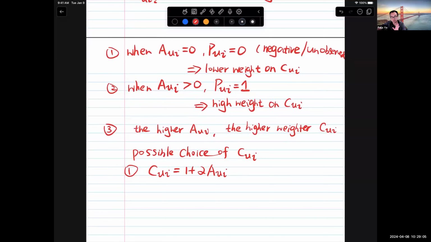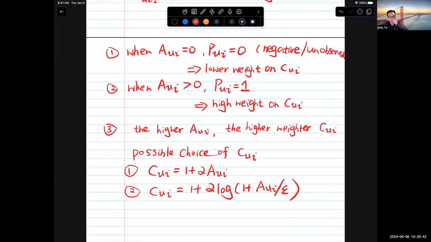Right, so this reflects the fact that the larger the AUI, the higher the weight of CUI. And also if AUI is 0, then this is 1. Or the second choice is my CUI is equal to 1 plus alpha logarithm of 1 plus AUI divided by epsilon. So this is also possible.